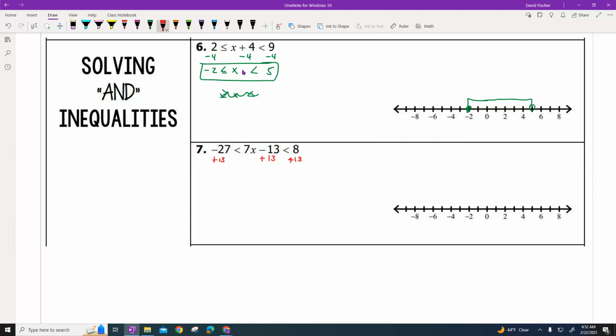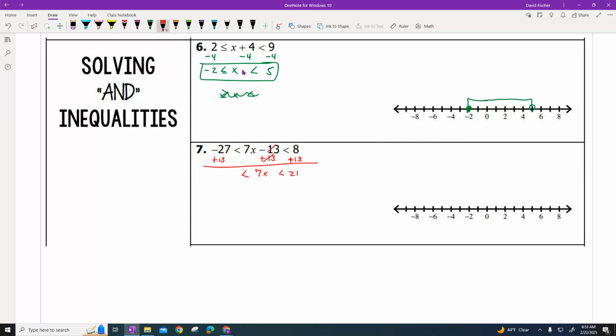I like to put the plus signs there, so that there's my math problem. 8 plus 13, and I know 8 plus 13 is 21. I'm going to bring that sign down. The 13's in the middle go away, so I just have still a 7x in the middle. I want to bring that sign down, and now I got -27. Let's get my calculator. My brain's not thinking very nicely here today.